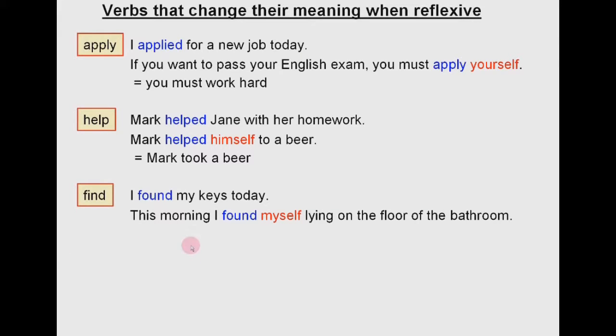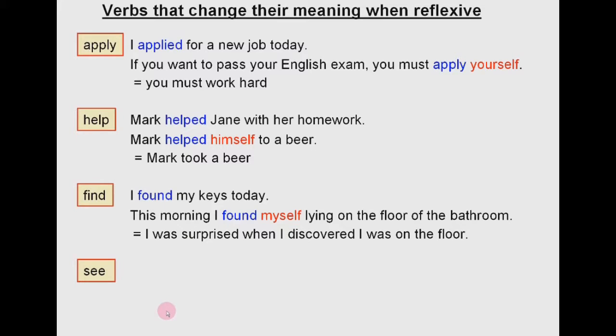This morning, I found myself lying on the floor of the bathroom. So this means that I was surprised when I discovered I was on the floor. So it means you discover yourself in a situation and you are surprised.